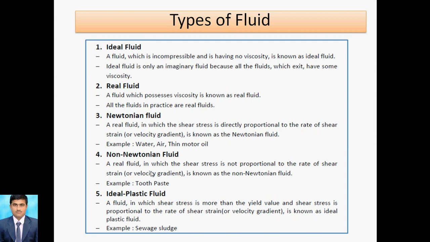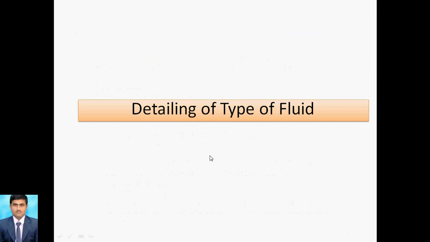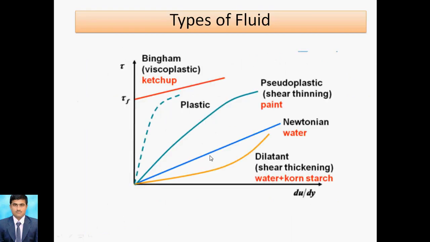Then the ideal plastic fluid. If the shear stress is more than the yield value, and after some time shear stress is directly proportional to shear strain, that is called an ideal plastic fluid. Sludge is an example of an ideal plastic fluid. Now we will study the types of fluid in detail.